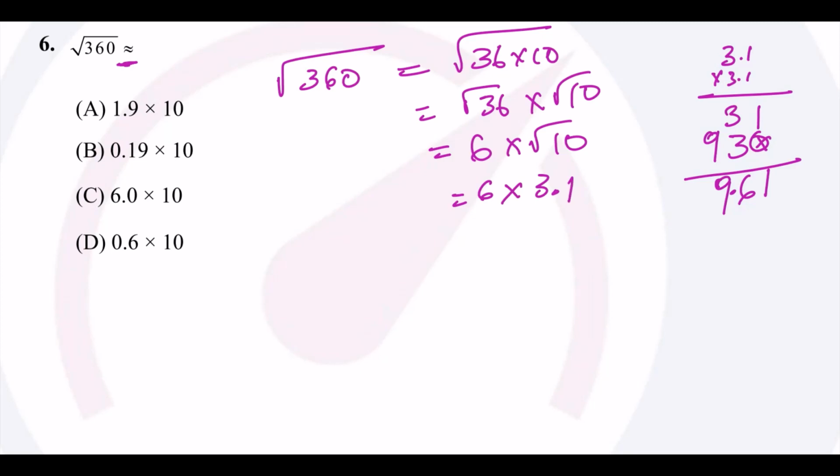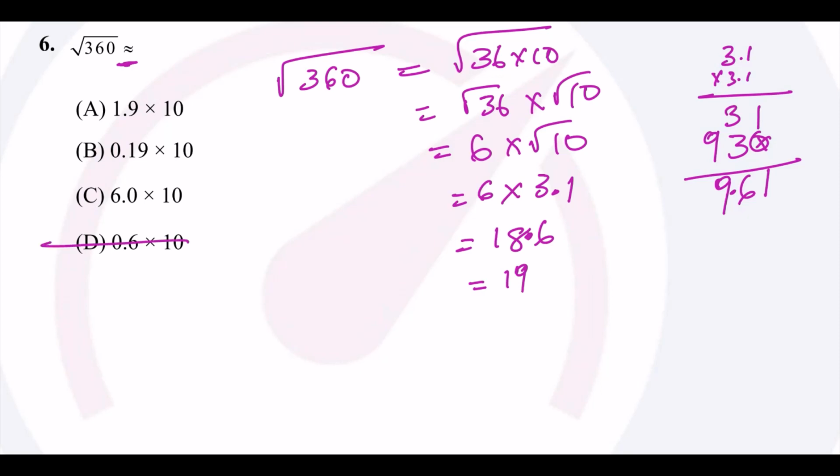So 6 times 1, 6, 6 times 3, 18, and then 1 decimal place, so we get 18.6. Now looking at our answers, 18.6, when you round it off to the nearest one, we get 19. Cool?